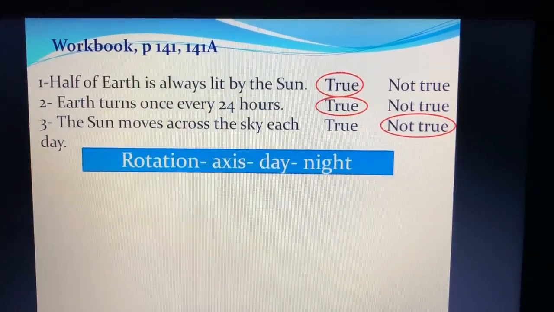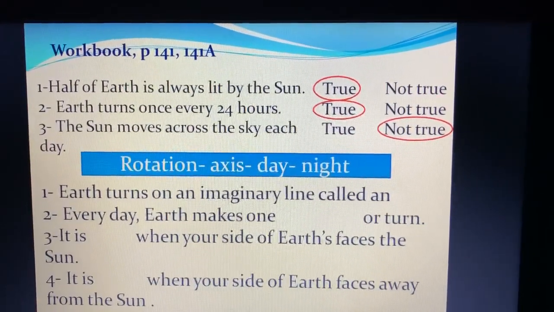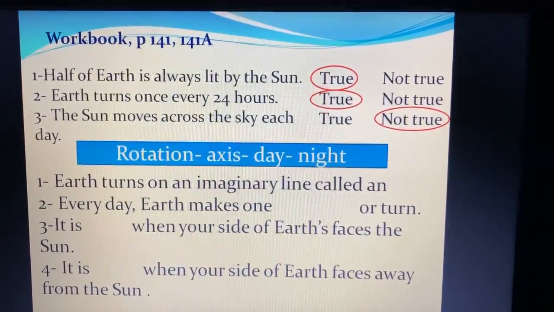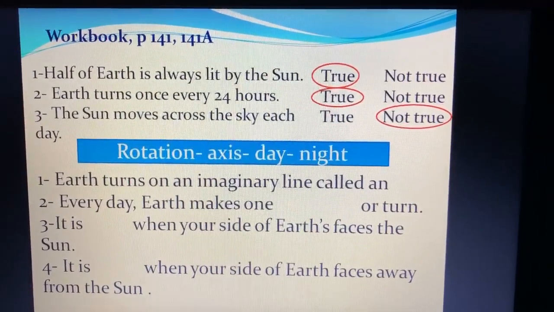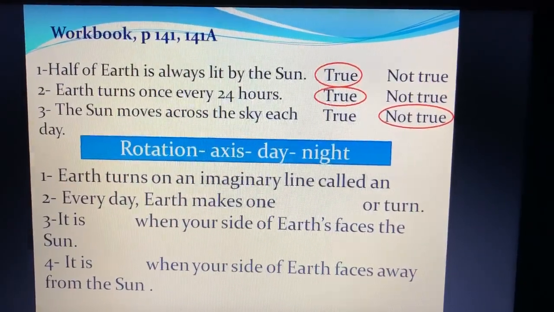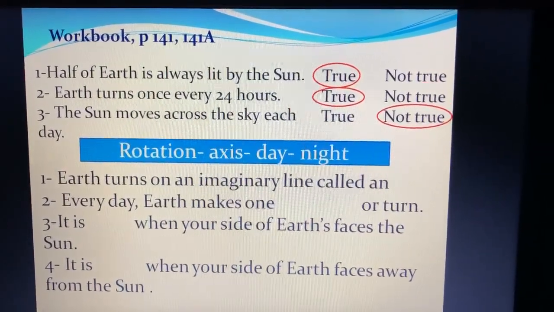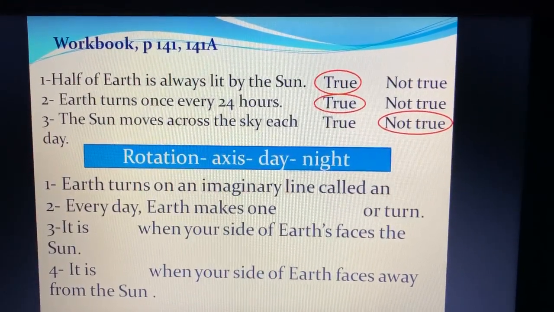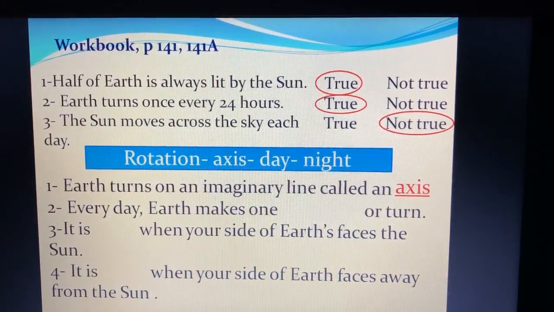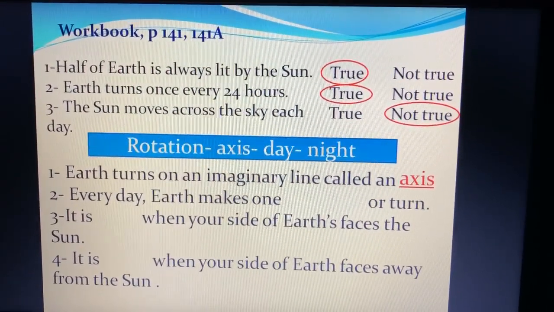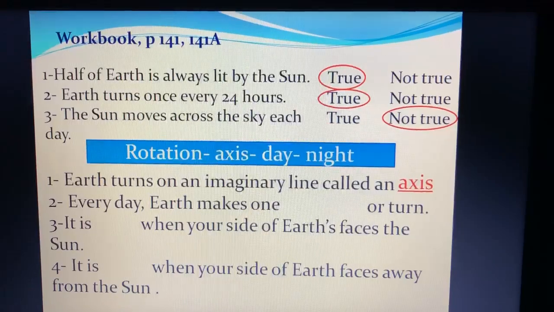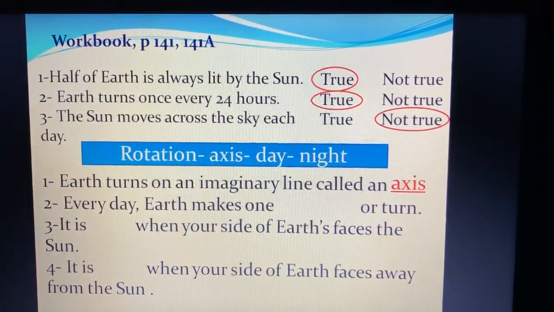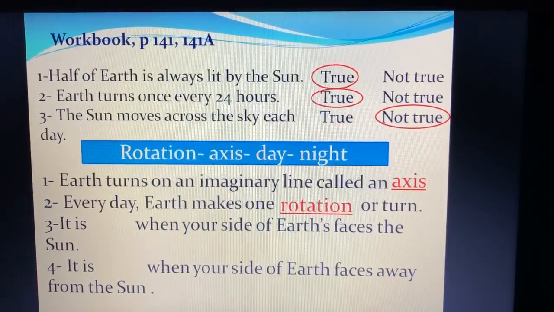Now please, let's move to the other part and we will complete the sentences here. Number 1. Earth turns on an imaginary line called an axis. Number 2. Every day Earth makes one rotation or turn.